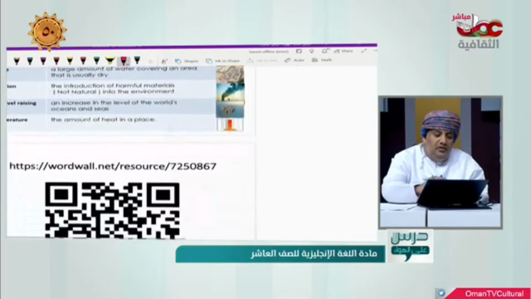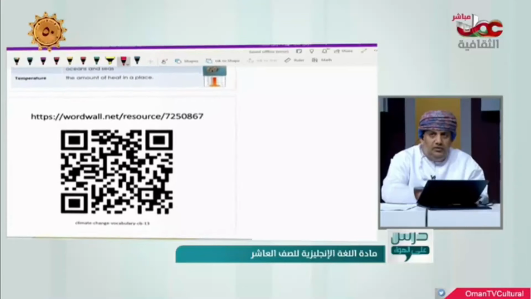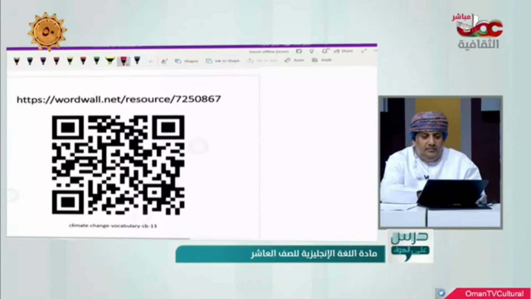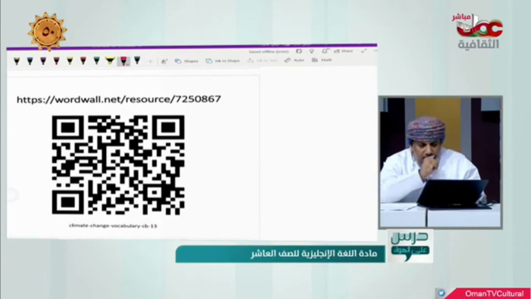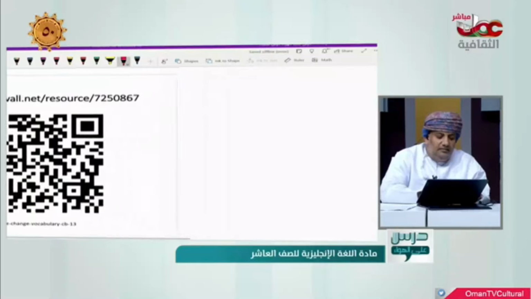Okay, now let's look at the game. I want you to go to this website or scan this QR code to play the game together. Okay? So, let's start the game.